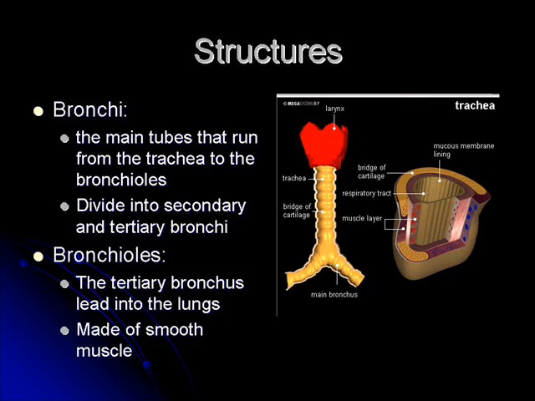They continue to divide into different levels, secondary, tertiary, etc., until you get to bronchioles, right? And the bronchioles are just much smaller tubes, and again it continues to branch and web out. These are made of smooth muscle, and they continue to break down into smaller and smaller tubes.